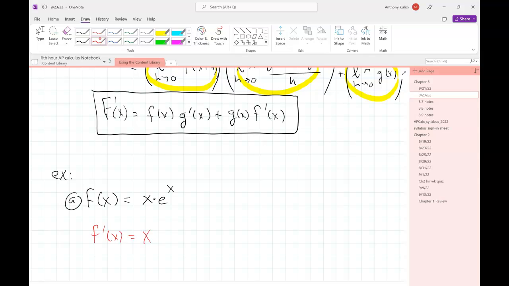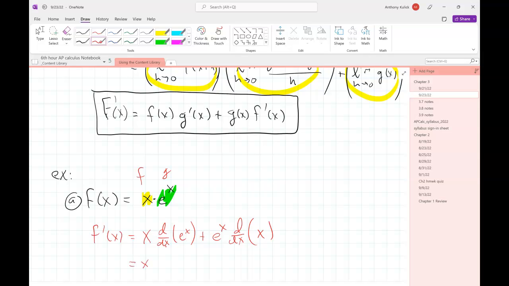So this would be my f of x. And this I'll treat as my g of x. So I'm going to have f of x times the derivative of g of x plus g of x times the derivative of f of x. Everybody's cool with what I've written down so far?